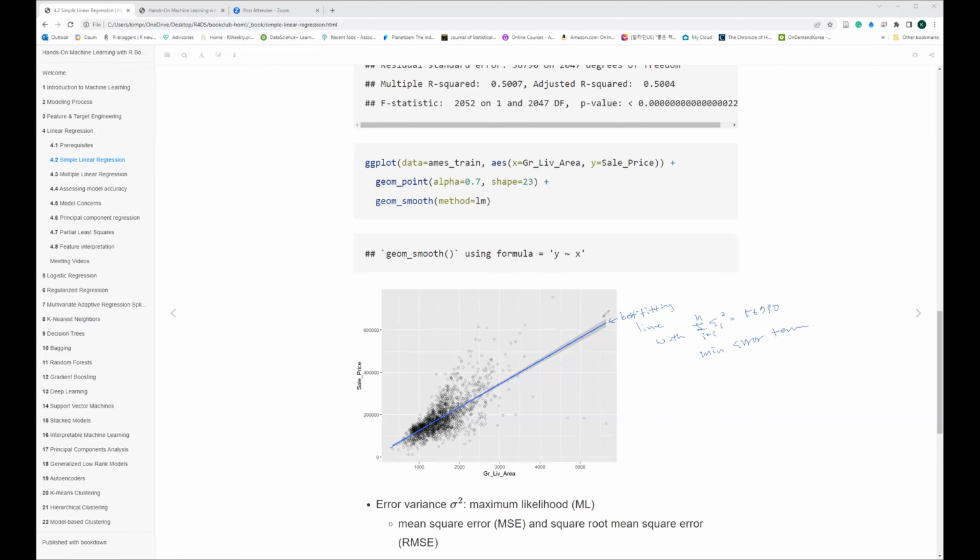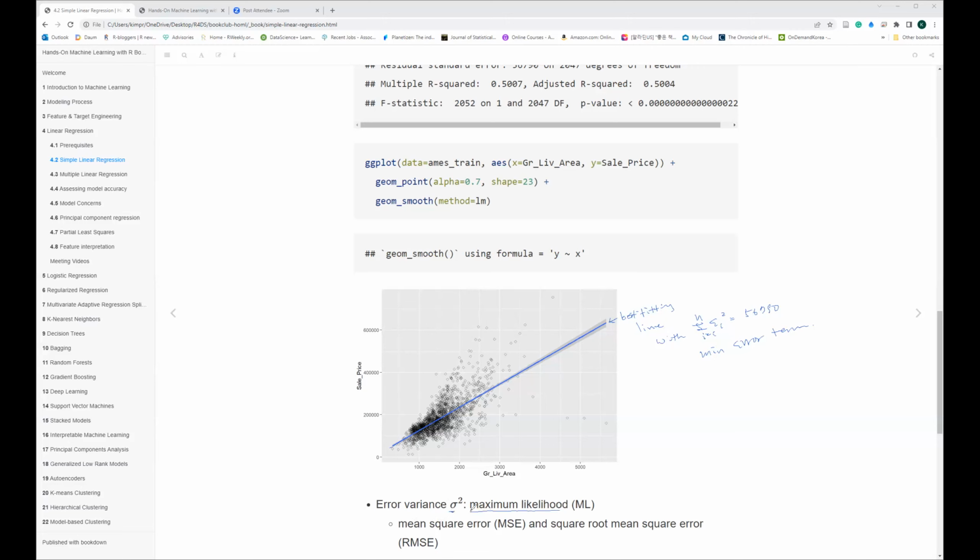So these show the best fitting regression line based on all of this scatter plot information. So that is what the error variance is about.